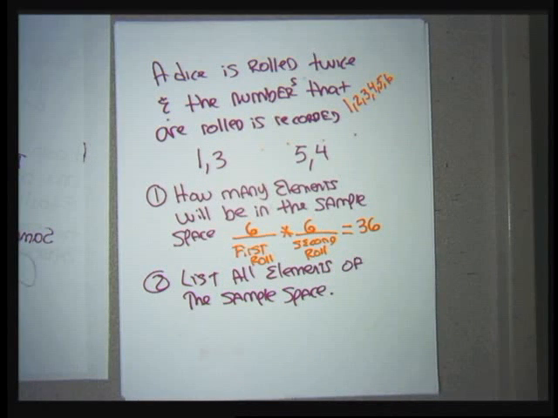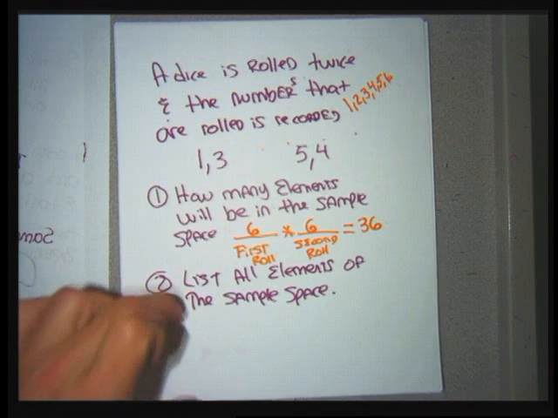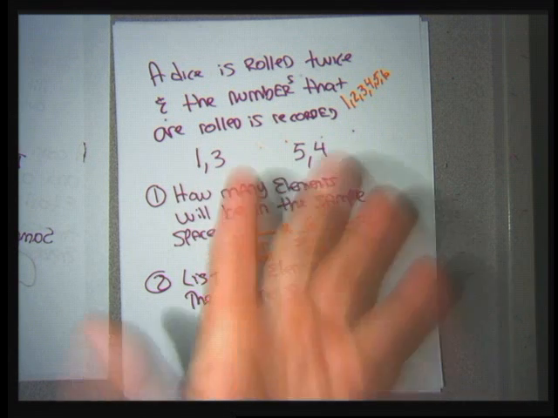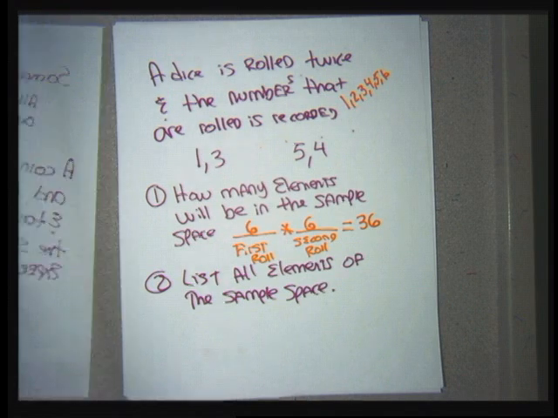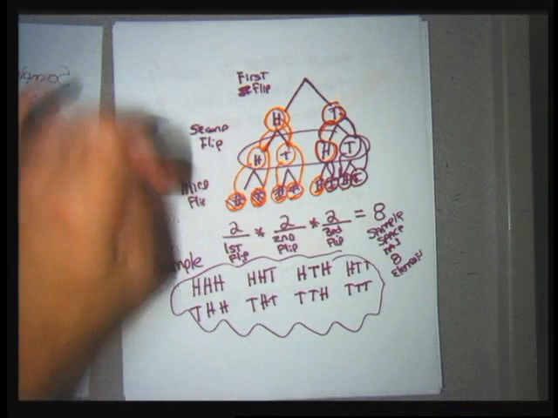So that's way bigger than 8, so it's going to be kind of a nuisance to write. When I go to list all my elements, if I try to crunch them on the bottom of this page, I may run out of room. I'm going to list the elements again doing a tree, but my tree is going to be more complicated because of the 6 options as opposed to 2 options. But I'm going to do something similar. When I made my tree for my coin flipping, I made first flip, second flip, third flip.